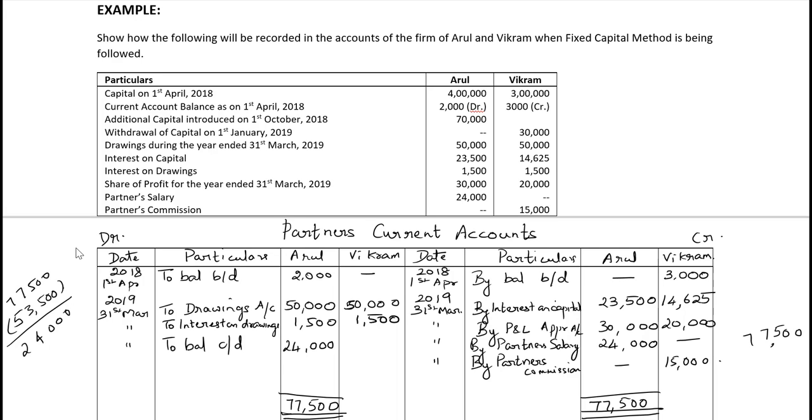The credit side total for Vikram is 52,625, and the debit side total for Vikram is 51,500. Vikram has also got a closing credit balance, the greater total being on the credit side, 52,625.